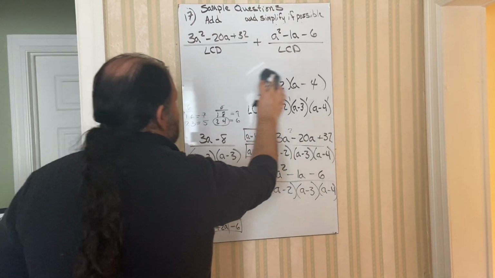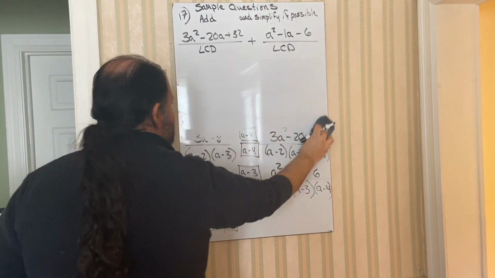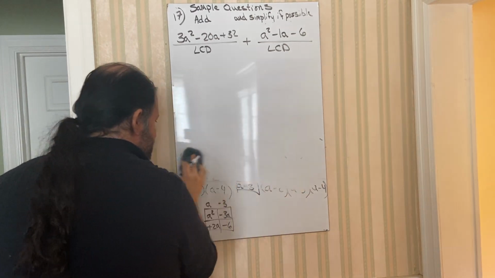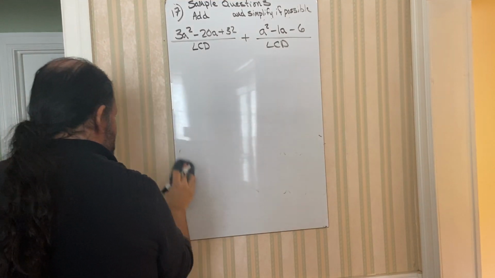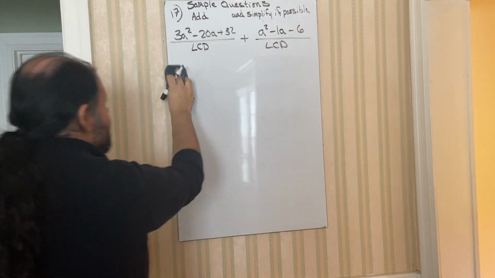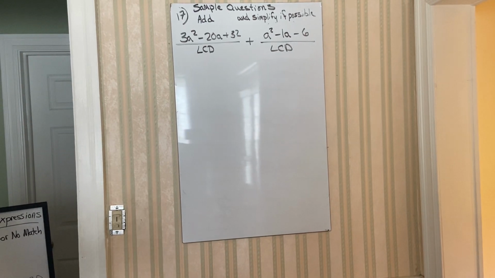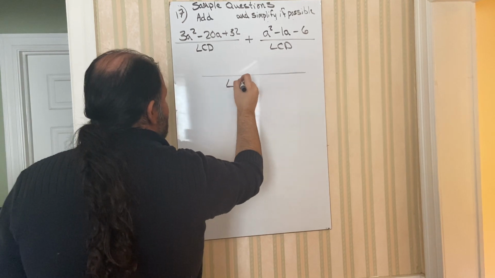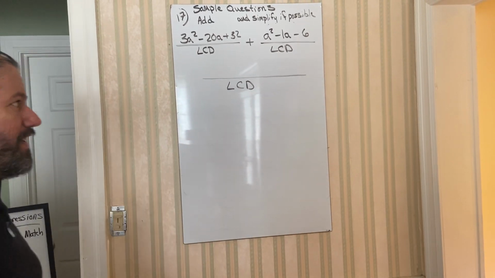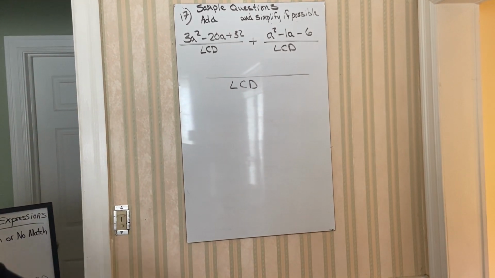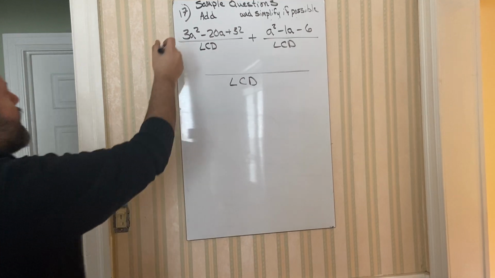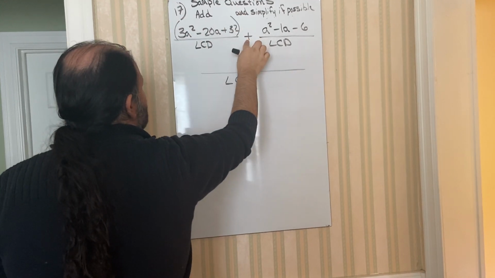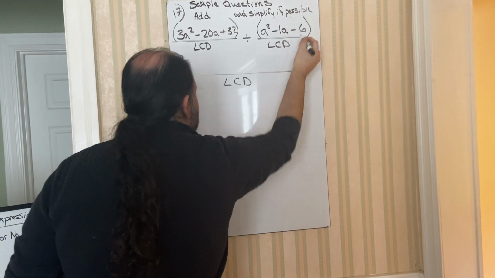Now, once we realize that the bottoms match, LCD, LCD, remember a minus 2, a minus 3, a minus 4, then what we can do is write it as one big fraction. I'll just put the word LCD so I don't have to write it out 100,000 times. And then realize that it's going to be this plus this.